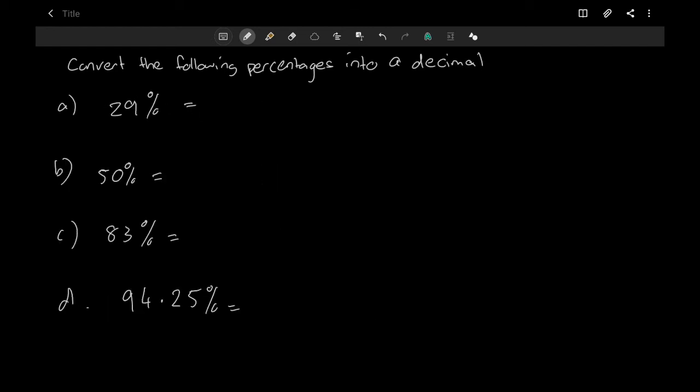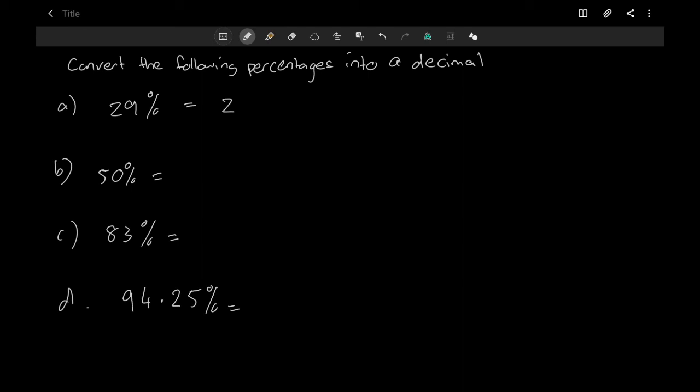Now let's take a look at how we convert percentages into a decimal. Similar to changing a percentage into a fraction, we follow the same rules and we divide the percentage by 100 to get us to a decimal. How do I do that? So instead of putting 29 over 100, we write it this way.